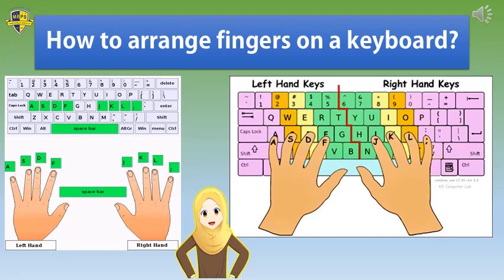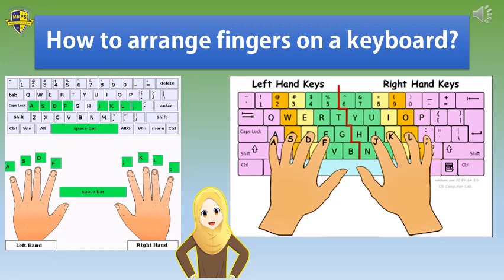Your middle finger should be on K, next to J. Your ring finger should be on L, next to K. And your little finger should be on the key where we have the colon. Yes, great. Now, your thumb should be on the space bar. The way it is given in the pictures, you can take help from there as well.